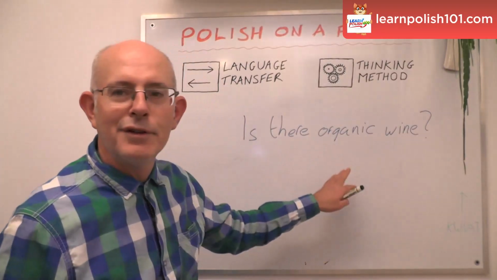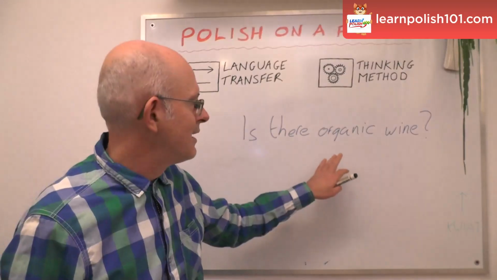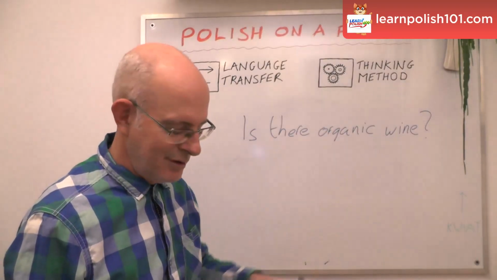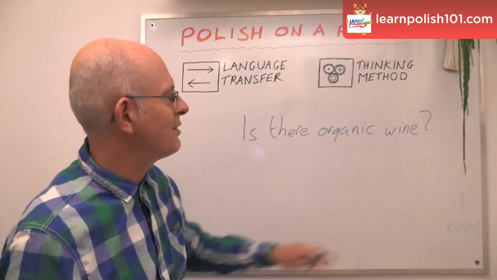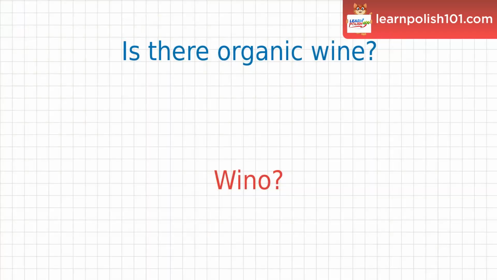Okay, now of course we need to have a think about this. You might want to do paper and pen, okay, first time through. So I think we pretty much know wine, I hope. We've talked about it an awful lot. Okay, and is there is simply our jest. And we need to think about this organic word, which is an ick ending word.